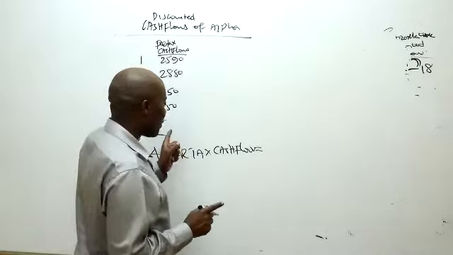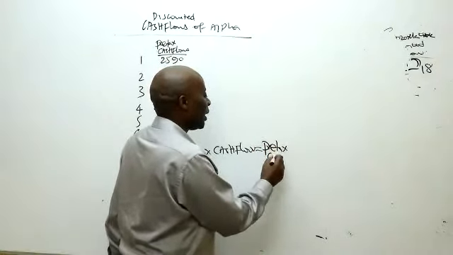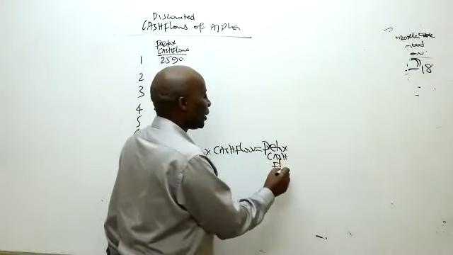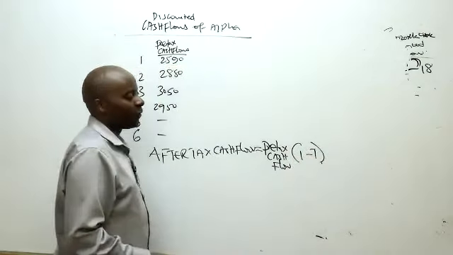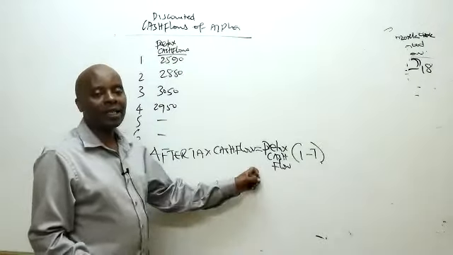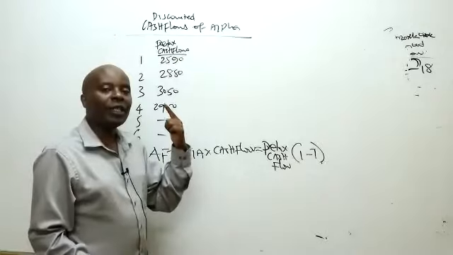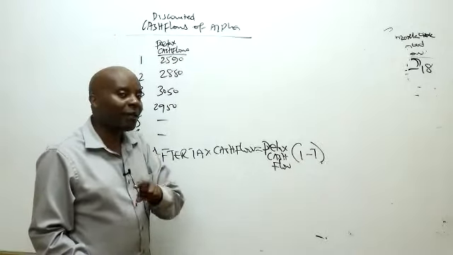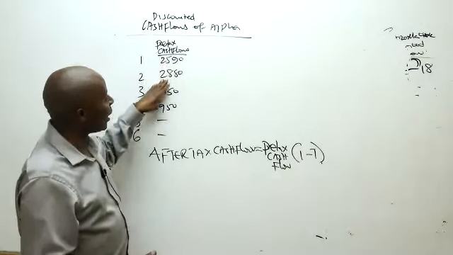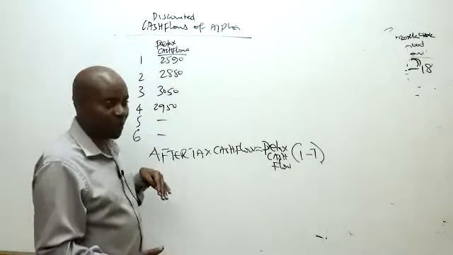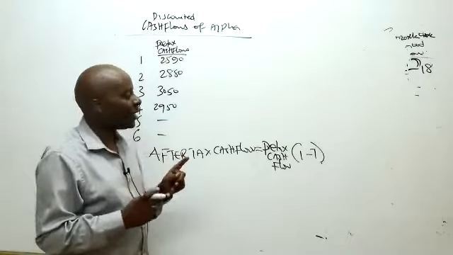You should always take the pre-tax cash flow multiplied by 1 minus taxation. You simply tax these because these figures are already cash flows. So even the division we were computing last time is neither here nor there, because these are already cash flows, only that they have not looked at the tax effects.